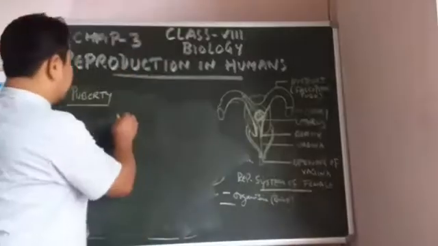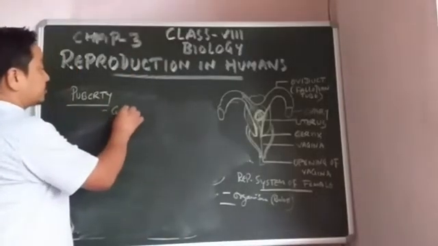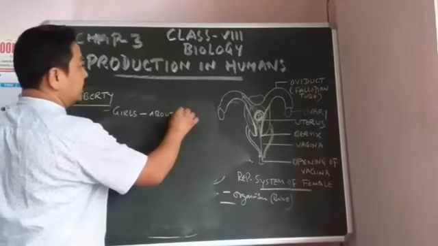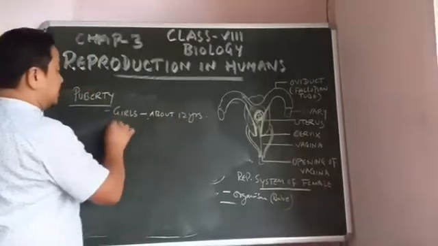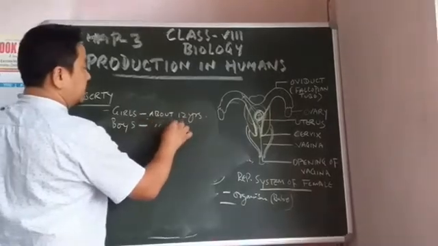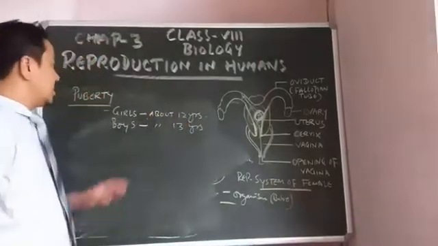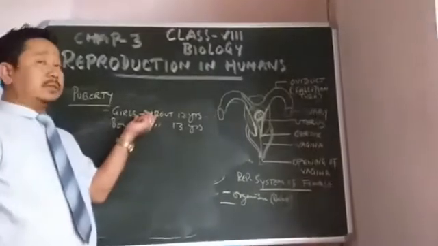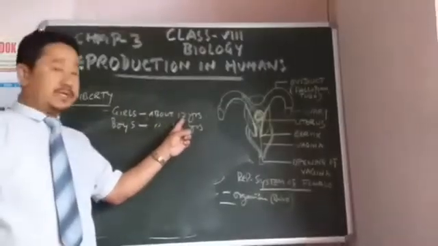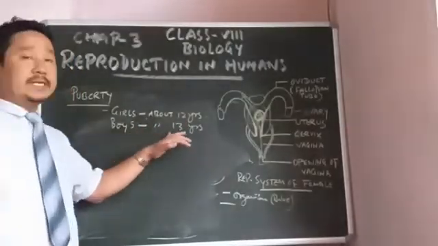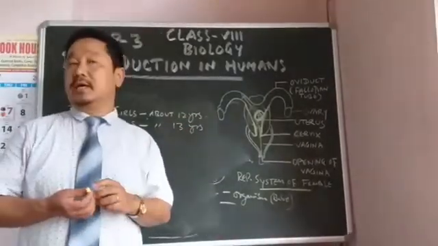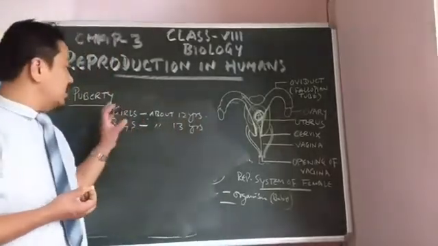It takes place at the age of about 12 years for girls, and at about 13 years for boys. Girls usually attain puberty at 12 years, and boys at 13 years. At that time certain changes can be seen in girls and boys.